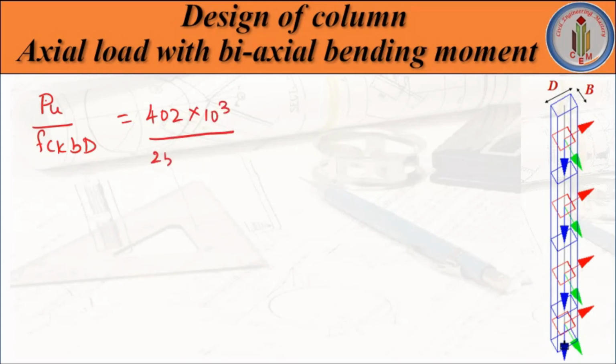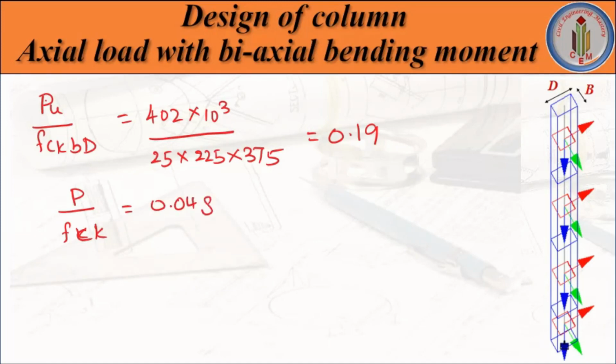And FCK we know, which is 25, B is 225 and D is 375. By solving this, we get the value 0.19. Now we know PU by FCK BD, and P by FCK we have calculated already, which is 0.048. P is 1.2 percent and FCK is 25.